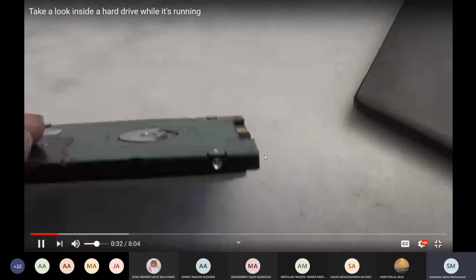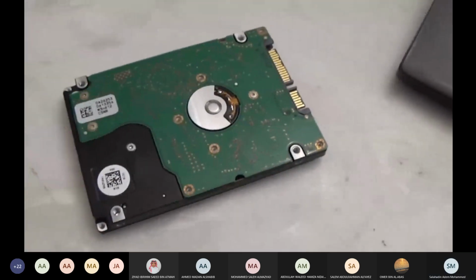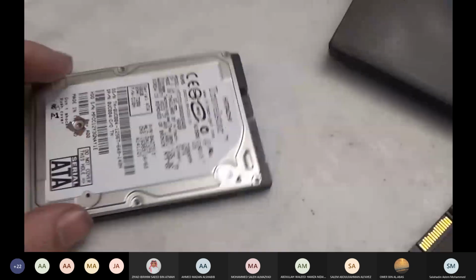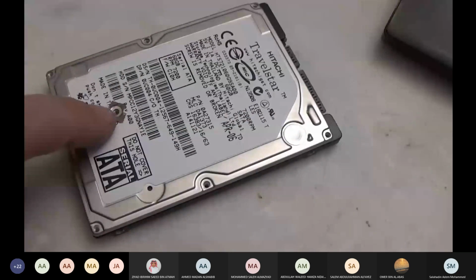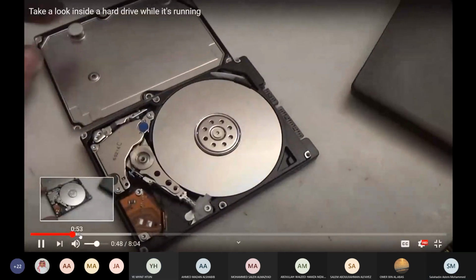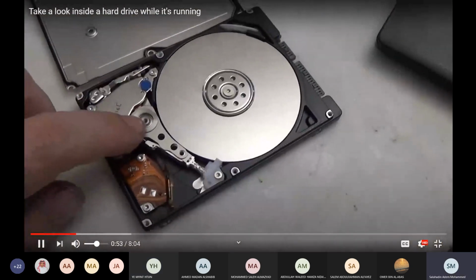This is a hard disk. We will show you the inside of the hard disk now. Let's go quickly. These are the CDs, and this is the head. This is the arm.